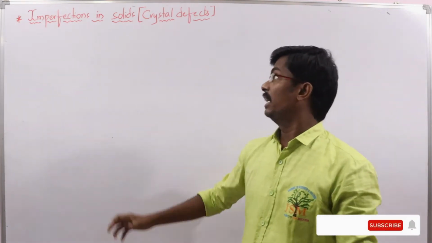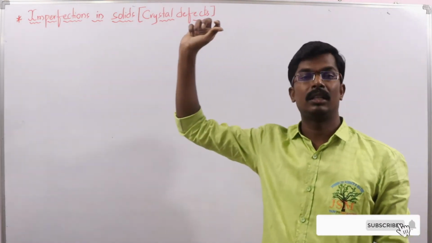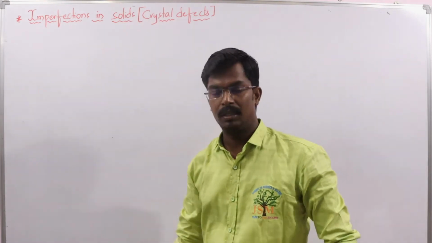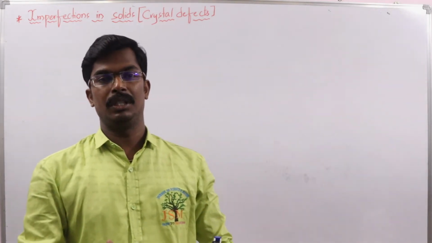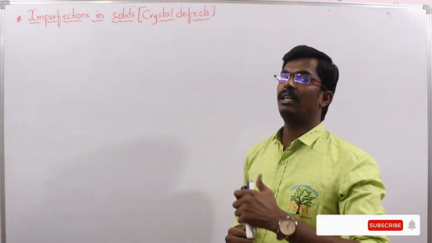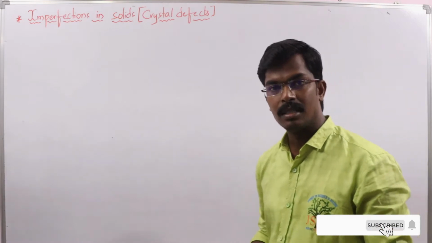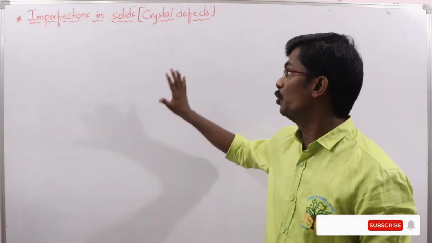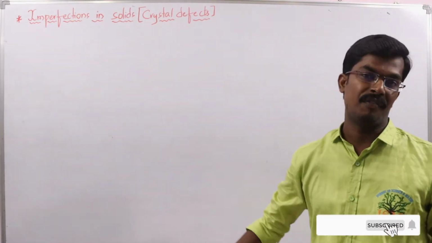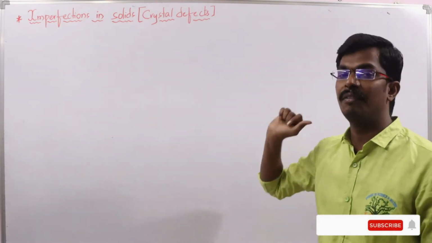So here I am defining that a crystal defect is any departure from the perfect order of arrangement of atoms or ions in a crystal, usually called an imperfection or crystal defect.